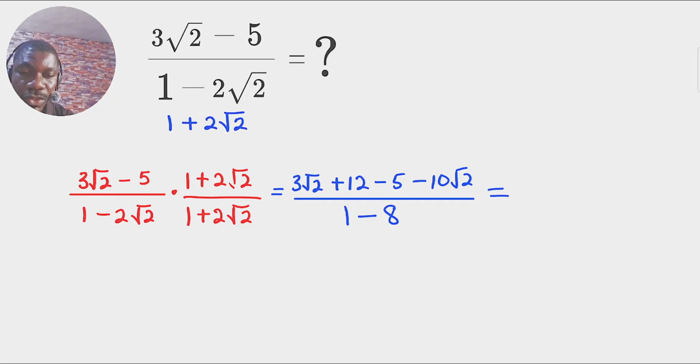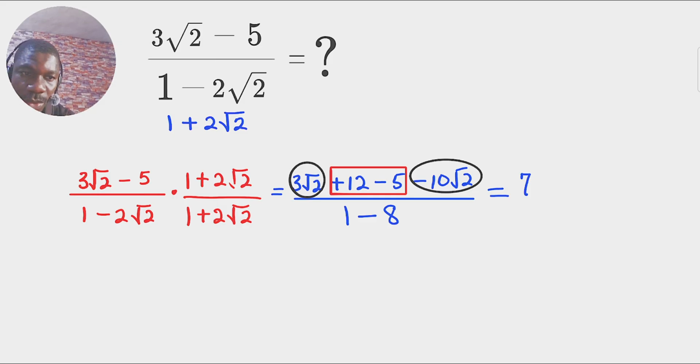All right, and next we need to look at here is to simplify. By simplifying, we just collect like terms. Now 12 minus 5, that should give us 7. So here we have 7. Then here 3 root 2, then minus 10 root 2, and that should give us negative 7 root 2, right?